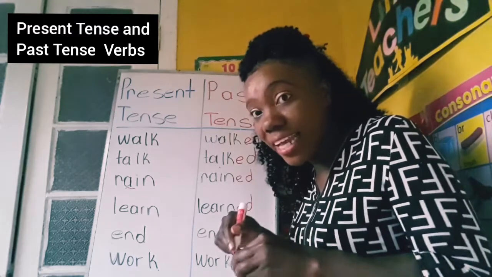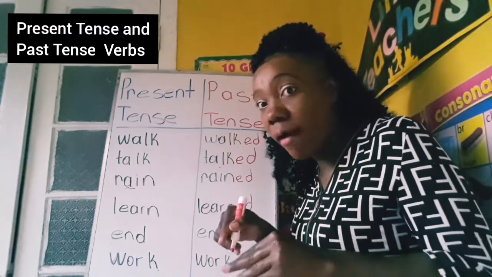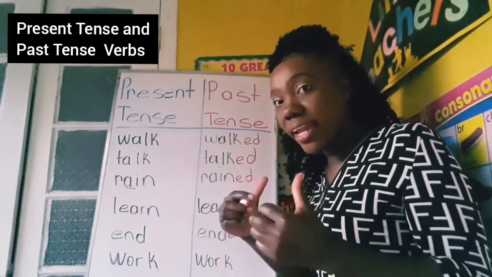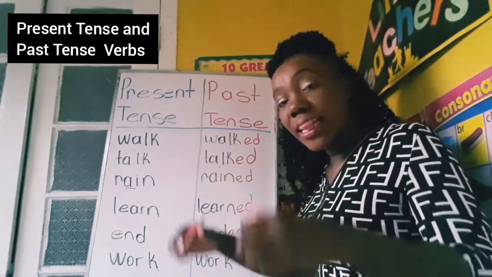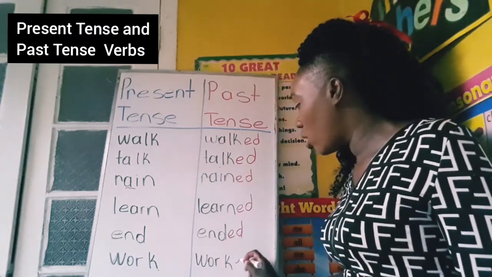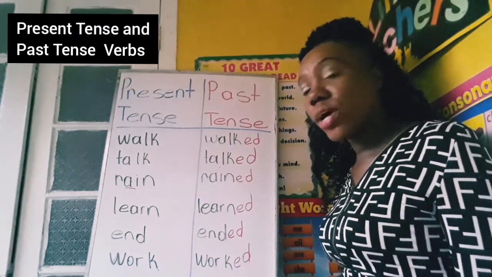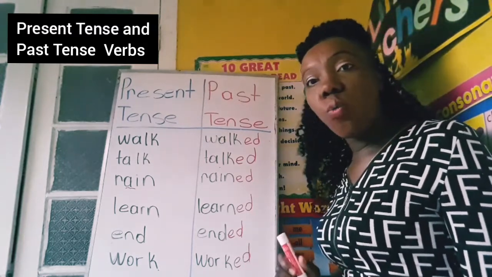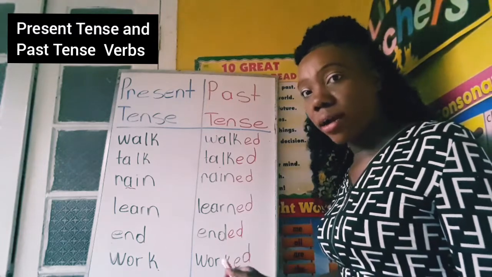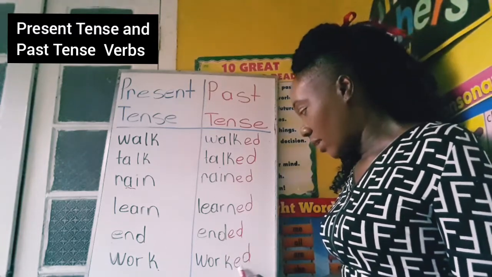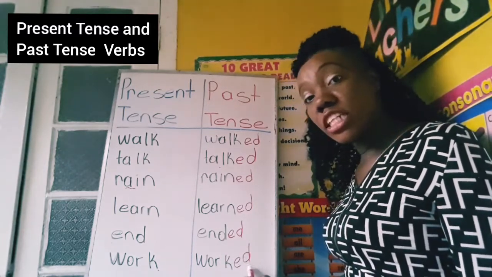So in the present now, you are working. You work. But yesterday, last week, this morning, you worked. And this one you hear the t sound. Worked. Worked. Ed again. So it is now past.